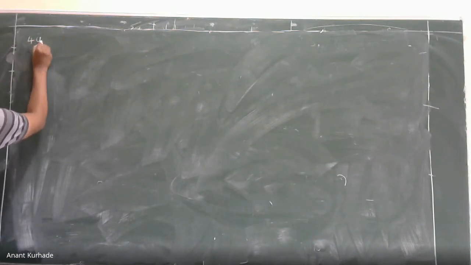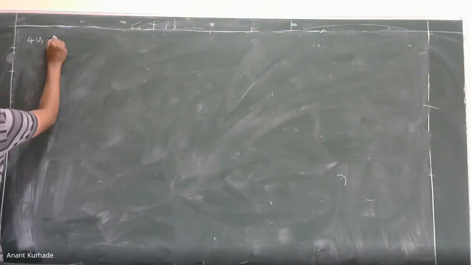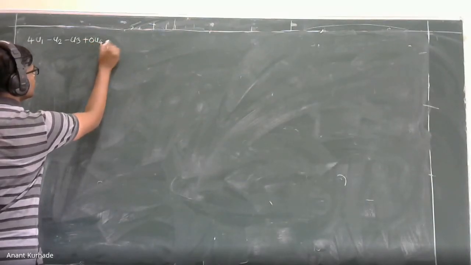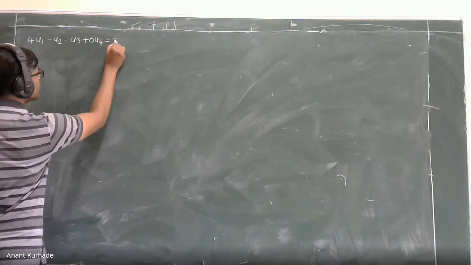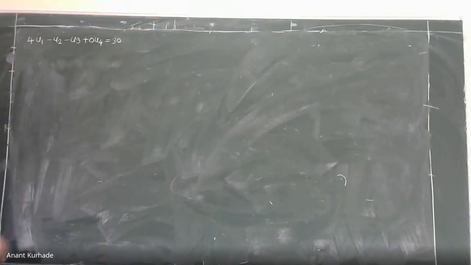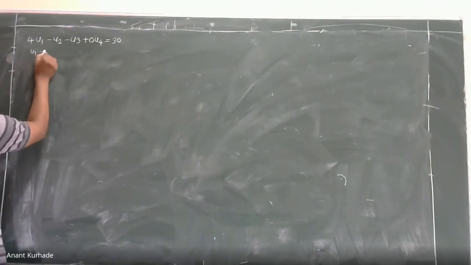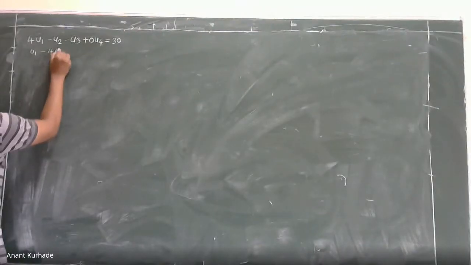4u1 minus u2 minus u3 plus 0 u4 is equal to minus 30. Second one: u1 minus 4u2 plus 0u3 plus u4 is equal to minus 60.